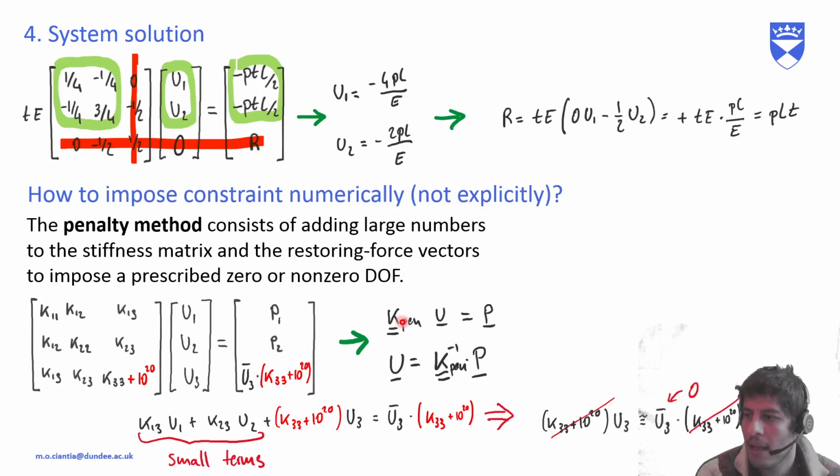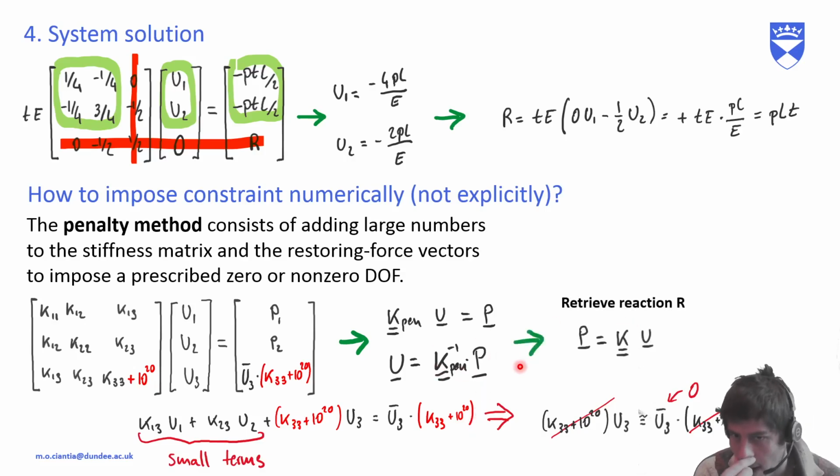Okay. Now, given this, once we have our solution, we can then retrieve the reaction R, which we didn't know, by basically applying our nodal unknowns, the displacements that we just calculated, using the original non-penalized stiffness matrix. Okay.